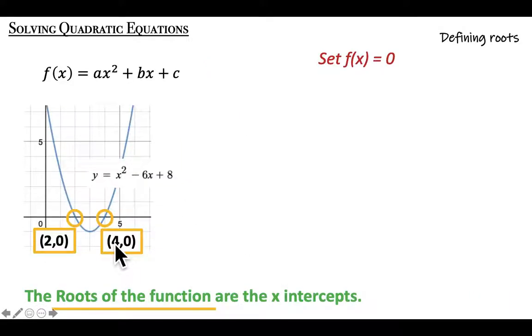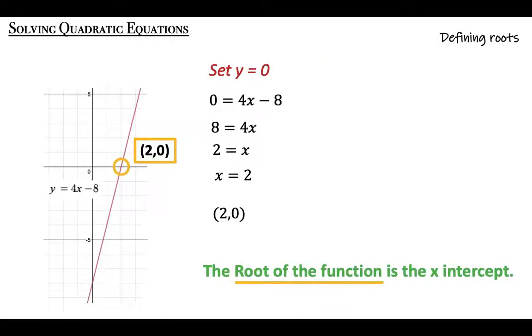We're going to do something similar for the quadratic function, but it's just a little bit more complicated equation. So this is the standard form of a quadratic equation, where we have a times x squared plus b times x plus c. First we're going to start by taking this function and setting it equal to 0. That's what we did before. On the last one we set y equal to 0.